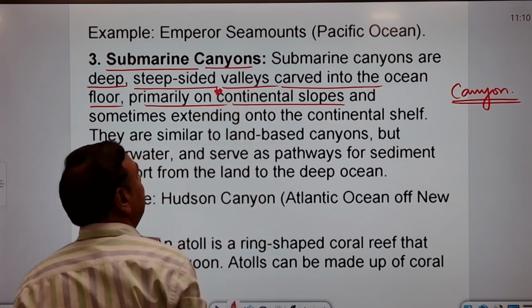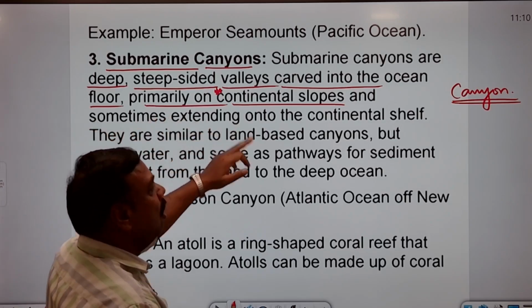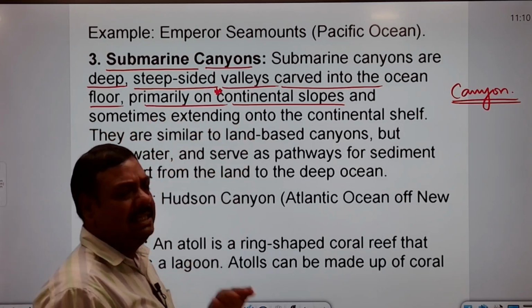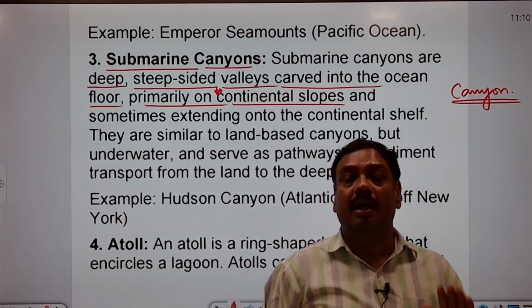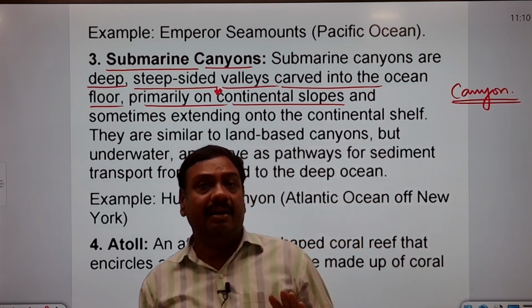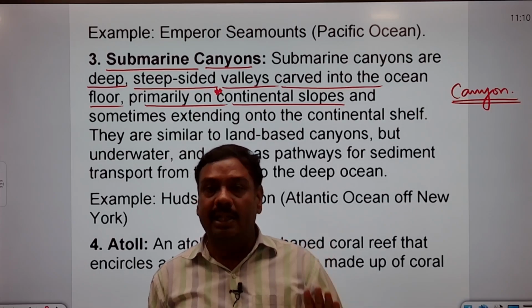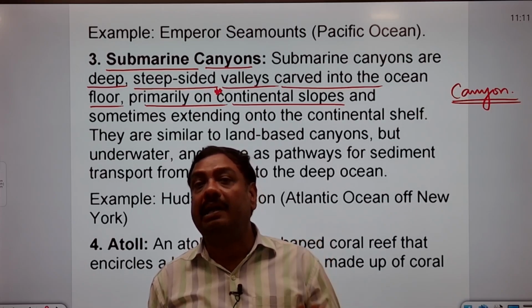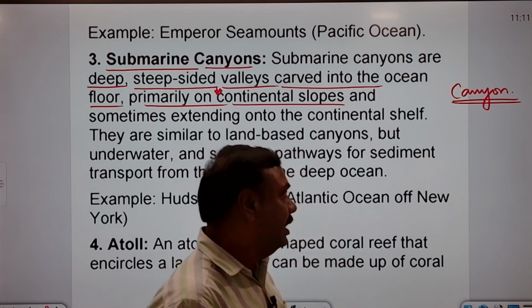On the continental slopes they are formed, and sometimes extend onto the continental shelf. But sometimes it is not the regular feature of the submarine canyon. Remember here that submarine canyons are generally formed on the part of the continental slope, right?